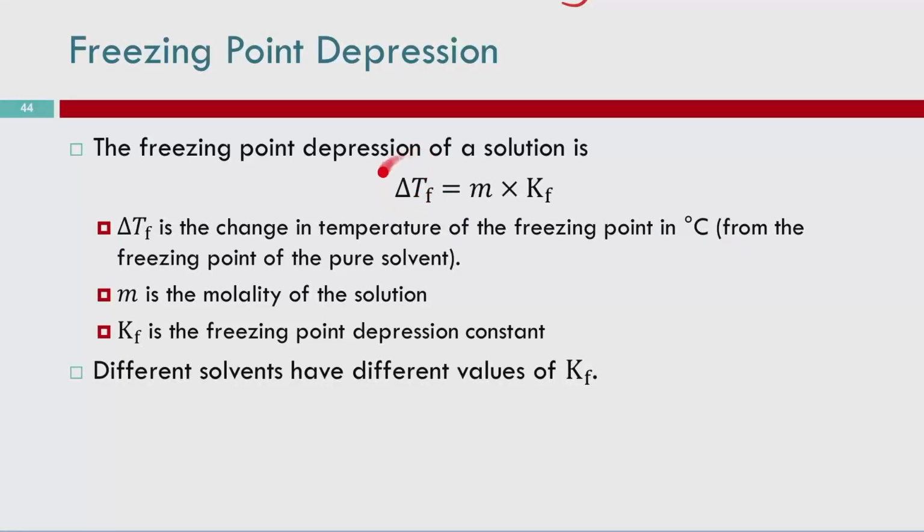So this is how much our freezing point is changing. Lowercase m is the molality of the solution, the one we just learned about, and Kf is the freezing point depression constant, K for constant.